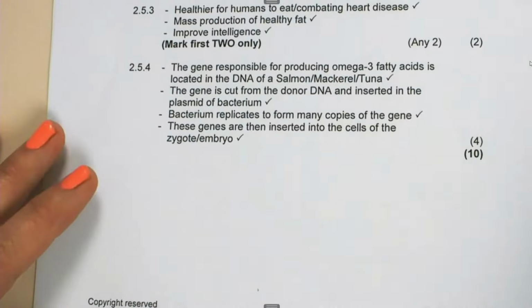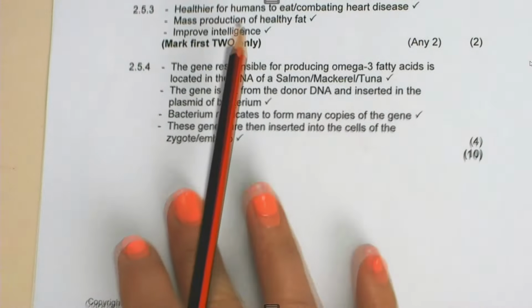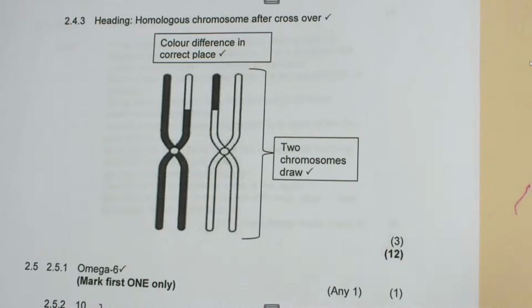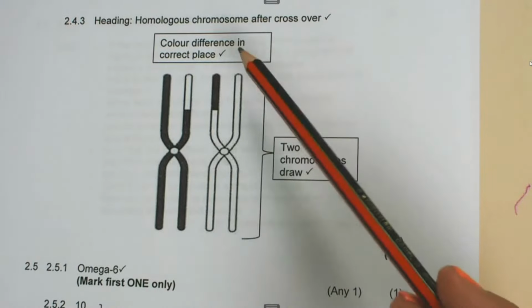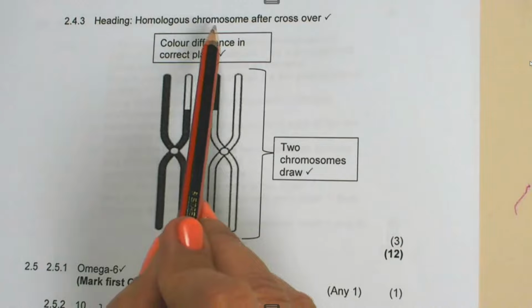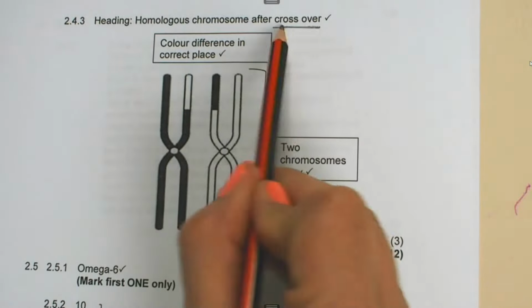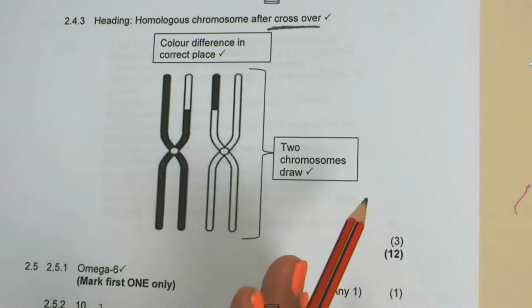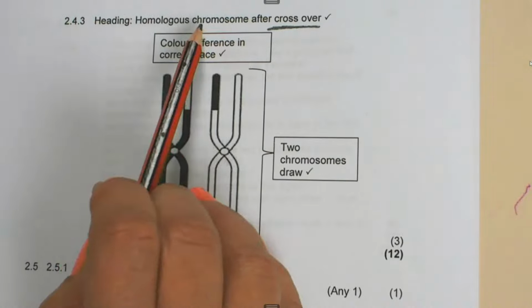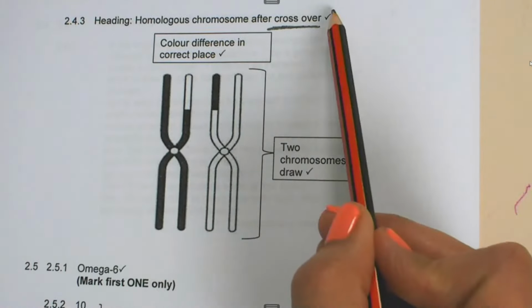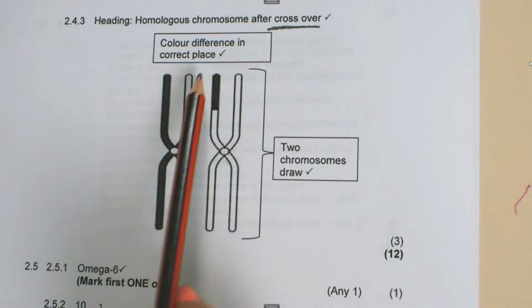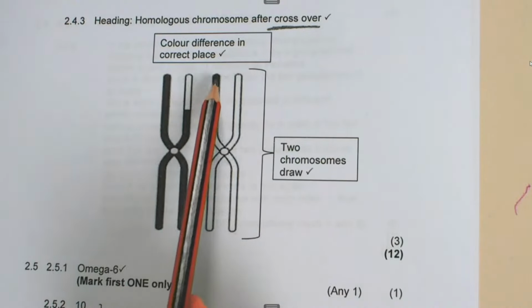2.4.2 then. After crossing over takes place, we have to draw a diagram of the two chromosomes, in this case, the homologous chromosomes after crossover. Not just homologous chromosomes, not just the heading chromosomes. So a mark for the heading. The color differences in the correct place. So there it is.